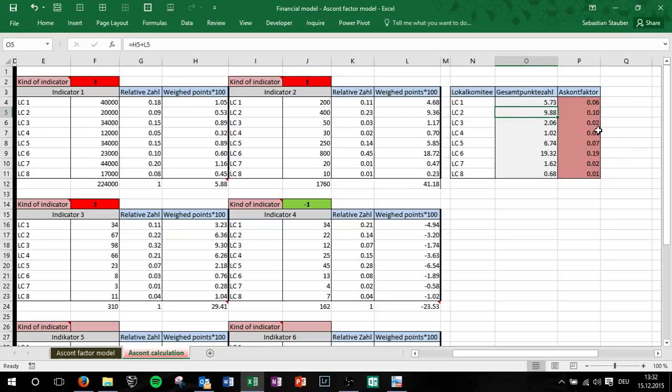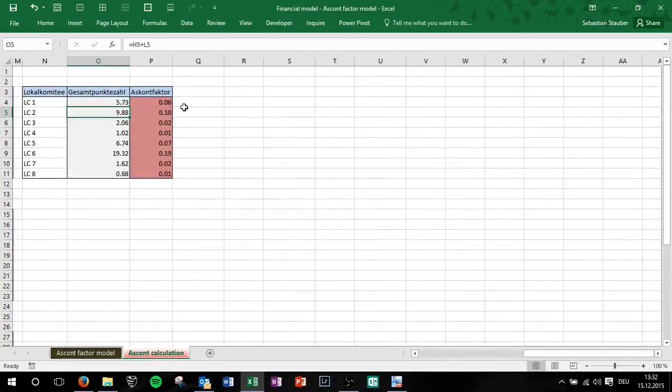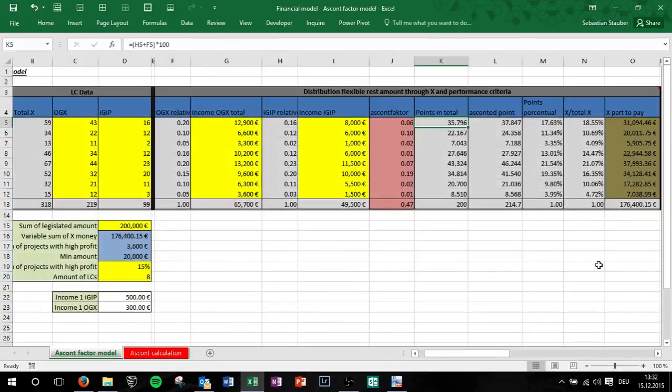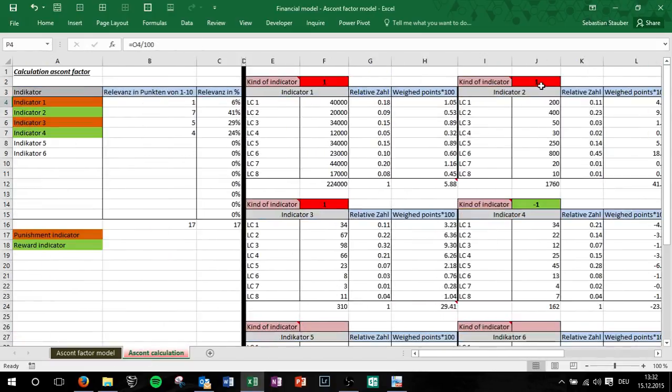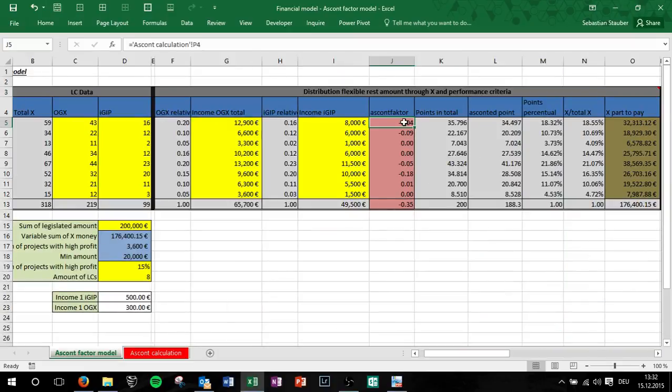In the end, the Ascount factor is calculated. Right now we have a real Ascount factor, so we have positive numbers. Before we had negative numbers, because indicator 2 was a reward indicator. If you are rewarded in the Ascount factor, you need to pay less. If you are punished, you get a higher Ascount factor, which means you need to pay more.